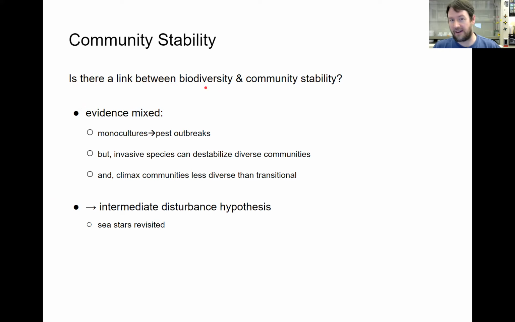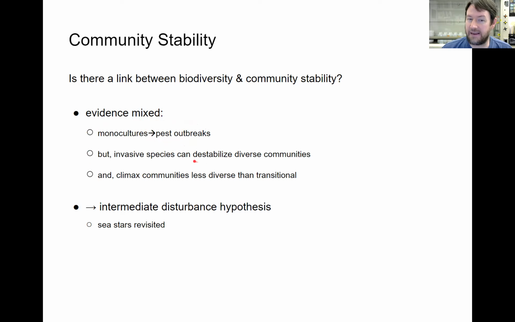We know that monocultures encourage pest outbreaks. Whenever we plant a single species of crop or tree, that can sometimes lead to pest outbreaks, just because there's this buffet of food for any specialist herbivore to take advantage of.